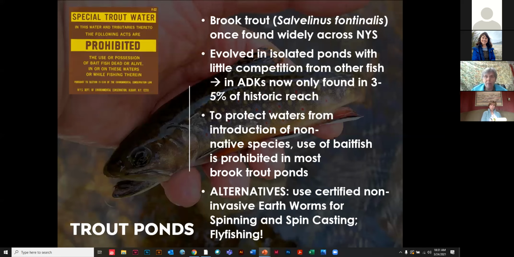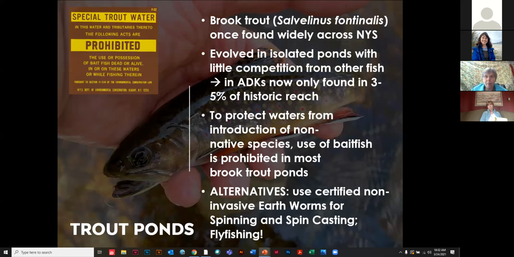And again, this is complicated. So when I say brook trout, I'm not only specifically pointing to that 3 to 5% of historic reach. Those are, I believe, correct me if I'm wrong, genetically native fish. So not necessarily raised in a fish hatchery and then reintroduced for the purpose of continuing the species, which DEC does.